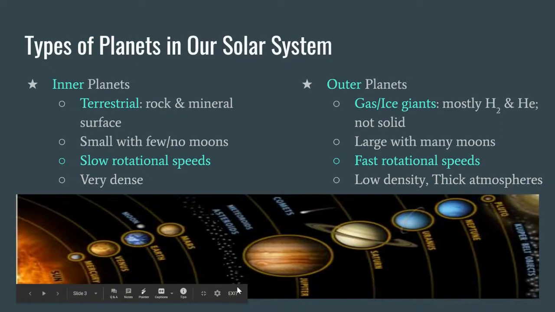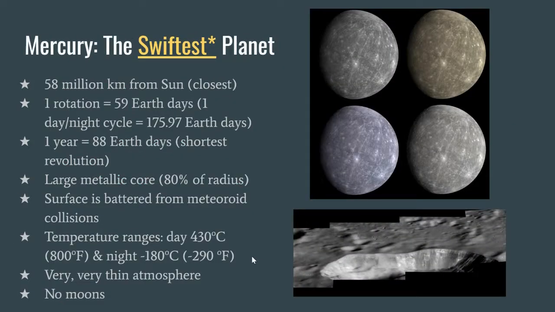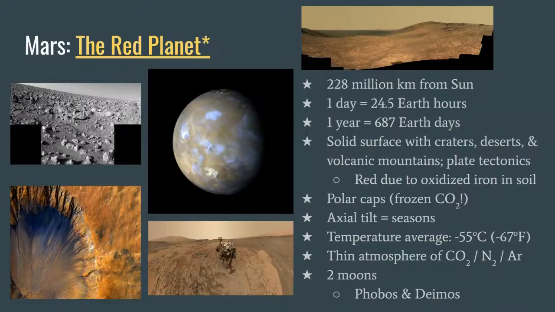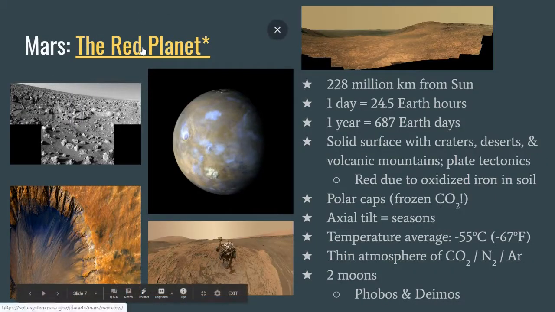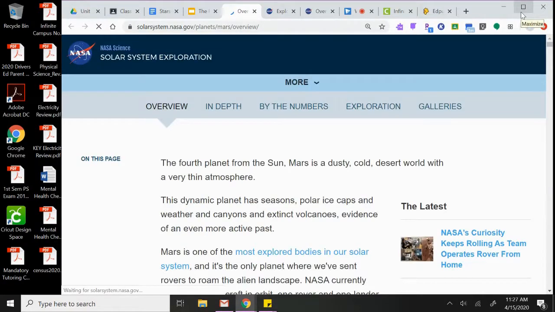Please make sure that you are filling out your notes and make sure that you are going through and looking at any videos or anything with those asterisks. Again, it's nice to go in and look on the NASA website at those planets to get a little bit more information. Like this one here, this was our Mars overview.